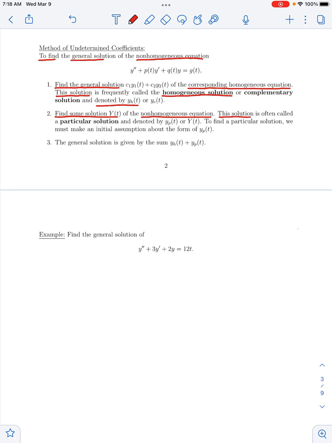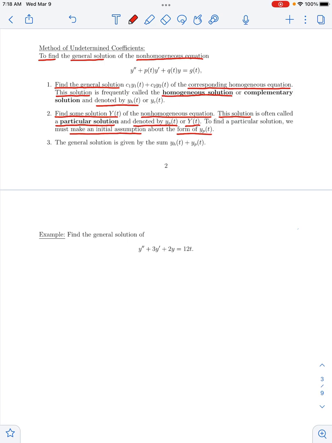This solution is usually called a particular solution and denoted by either y subscript p of t or capital Y of t. In order to find one particular solution, we usually have to make some initial assumption about the form of our particular solution.